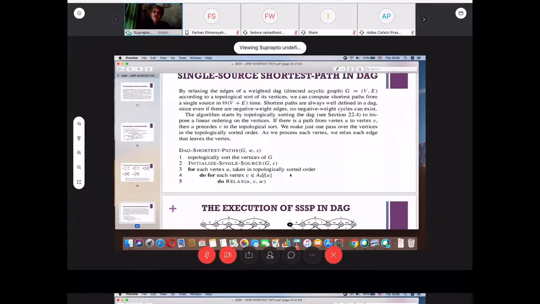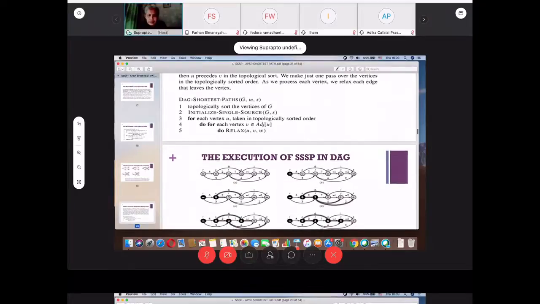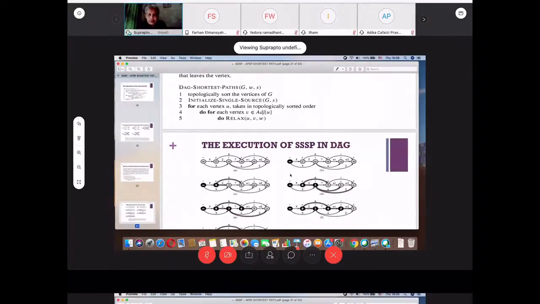Depth first forest, the collection of trees, yeah? And this is the execution of single source shortest path in DAG.